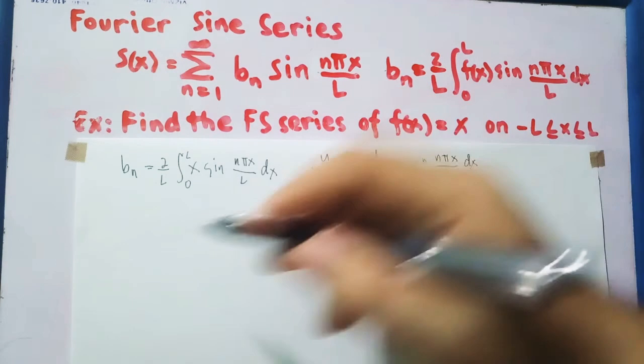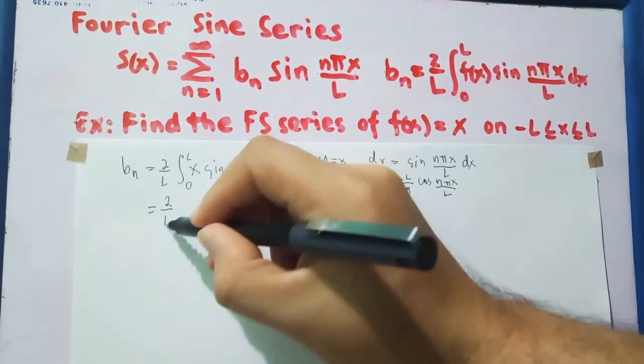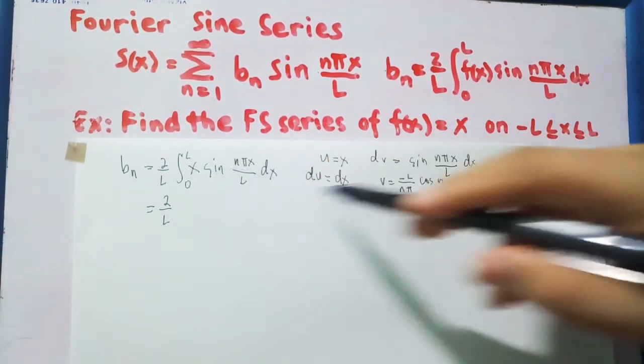So if we integrate this one, again we have 2 over L, and then the integral using integration by parts.